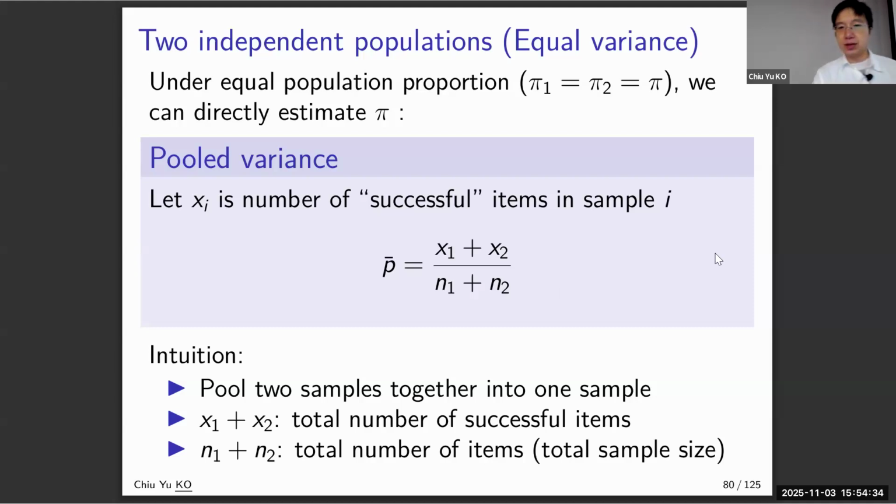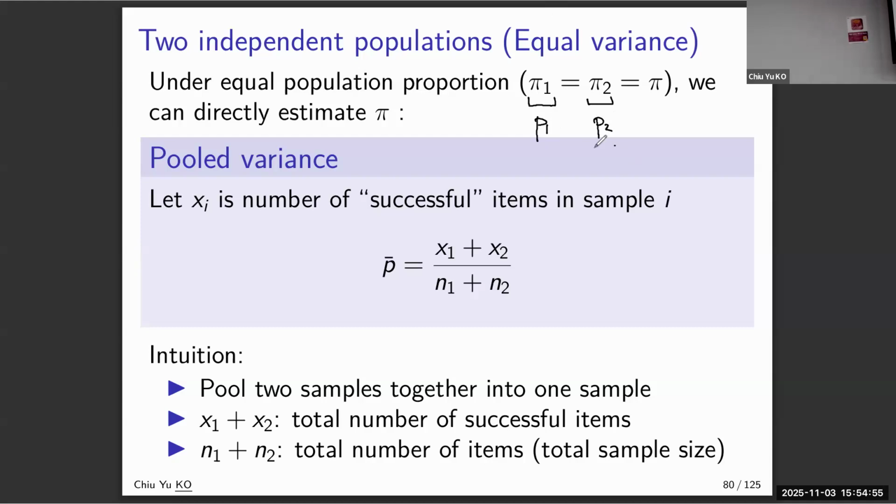Let me say it. To estimate pi1, you can use P1. If you have pi2, you can also use P2. Of course, P1 and P2 are valid estimators for pi, right?